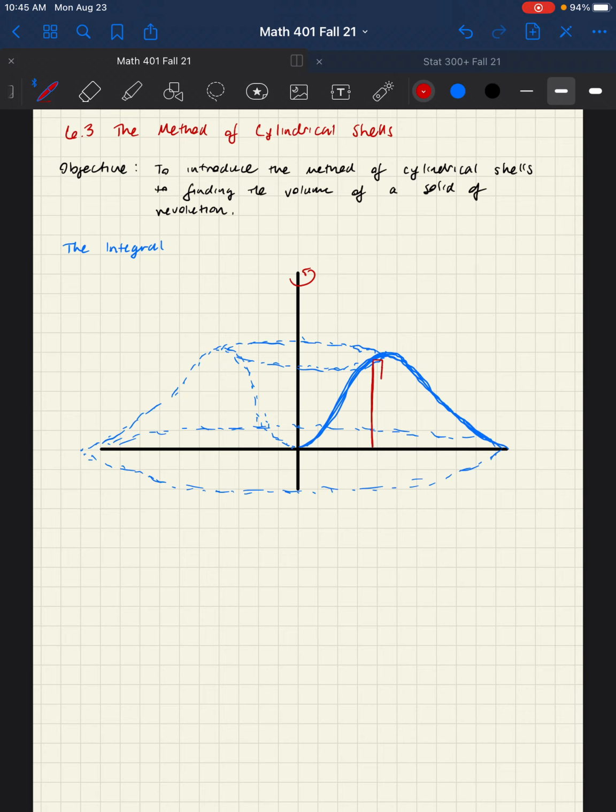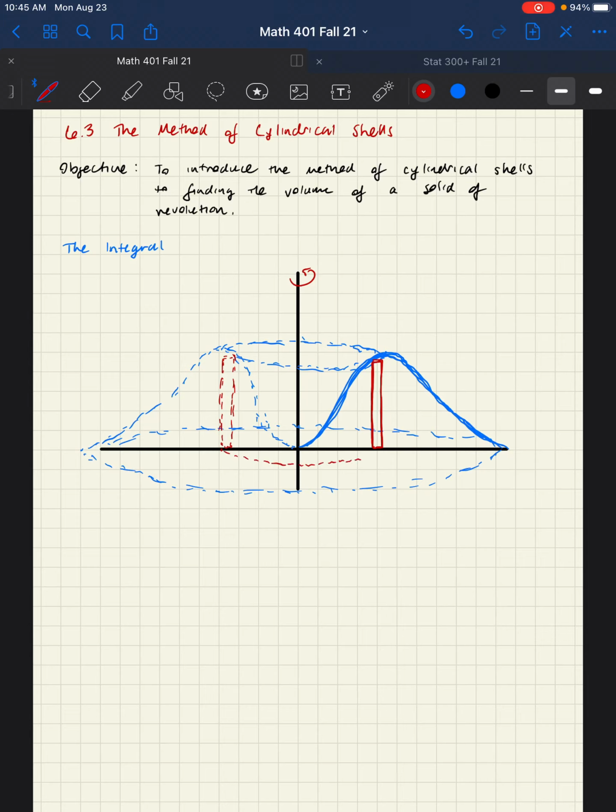What we end up doing here is taking an infinitesimal shell that's created by taking this rectangle and sweeping it out by revolving it about the y-axis.